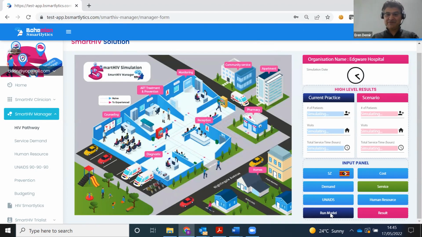So before Swaziland goes ahead with 20,000 PrEP prescriptions offered to those at risk, we want to find out the impact this will have on every single aspect of your HIV program. It might take up to a minute or two.